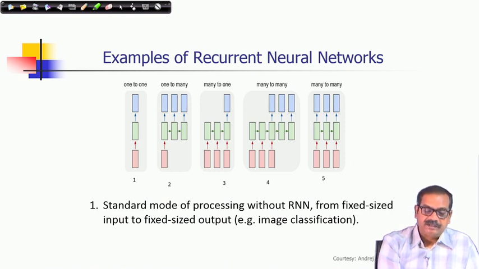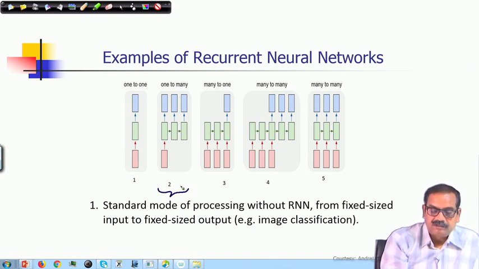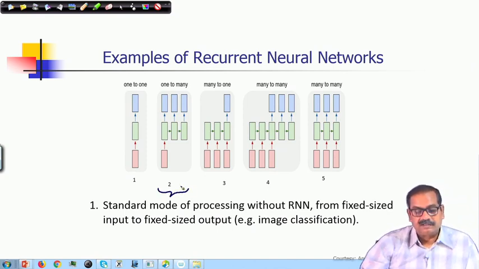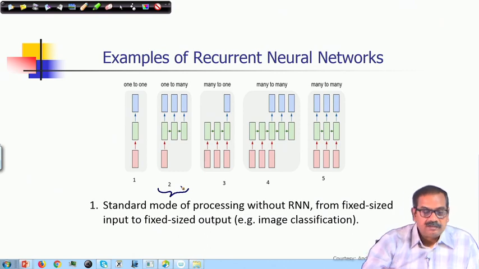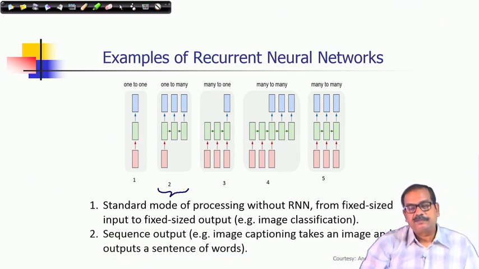Whereas the second one, this particular structure, the input is a fixed-size input, but the output is a sequence. Now, here you require an RNN, as it is a sequence output. The example could be image captioning, which takes an image and outputs a sentence of words.